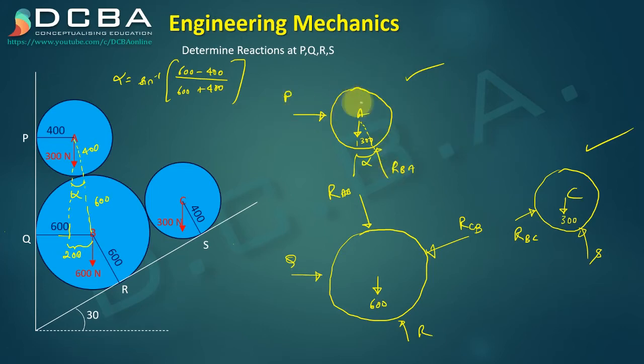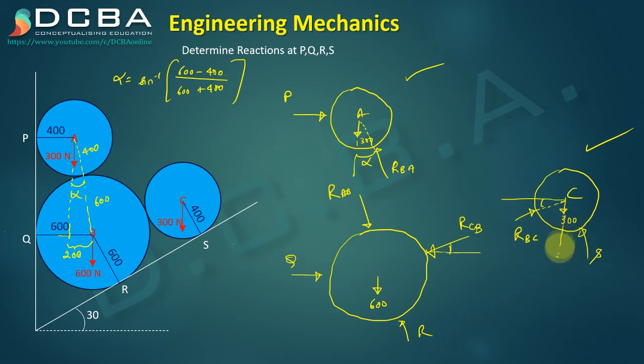Not a problem. If you want to start with cylinder C, then you need to find this angle first of all, right? That is one of the angles, or this angle. I won't call it alpha, let us call it something else. So you can find this angle or you can find this angle, anyone is fine.